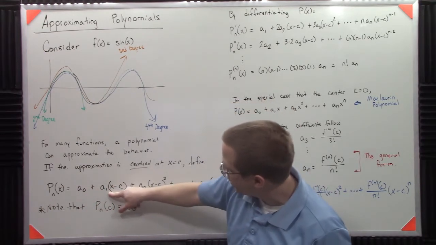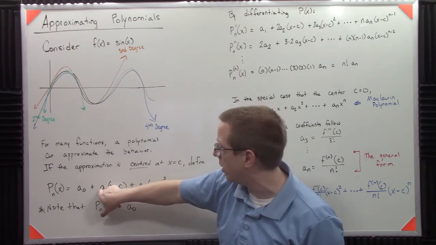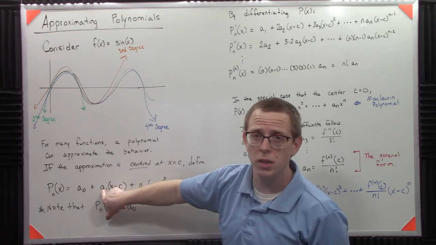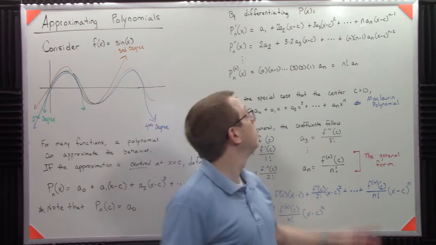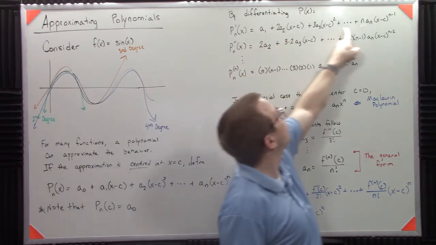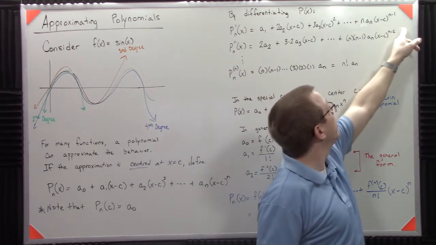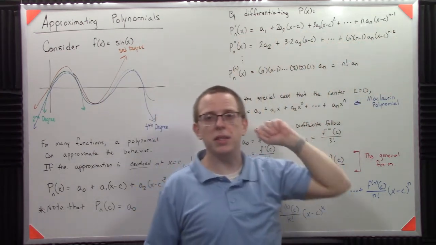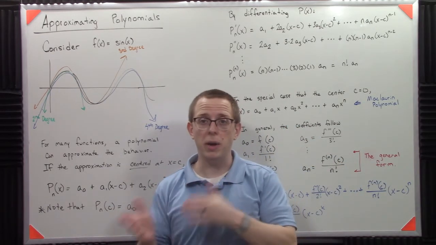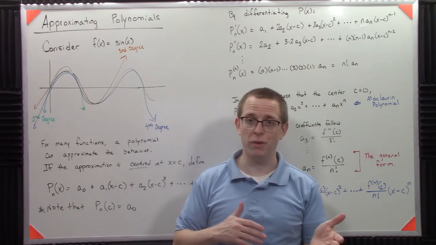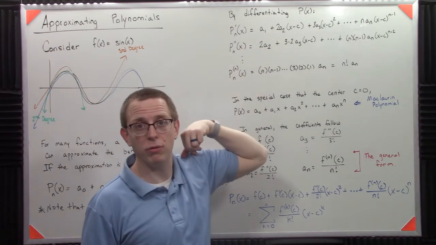The derivative of a1x is just a1, and the derivative of the constant there is 0. So the derivative of this is a1, and then you have all these other terms. If I plug in c, it gets rid of them. Since this polynomial is supposed to approximate the function, I could take the function's derivative, plug in c, and that would give me what I would get for a1.